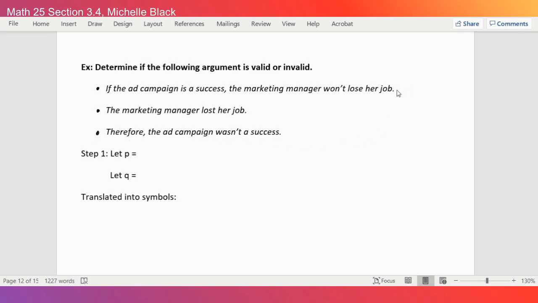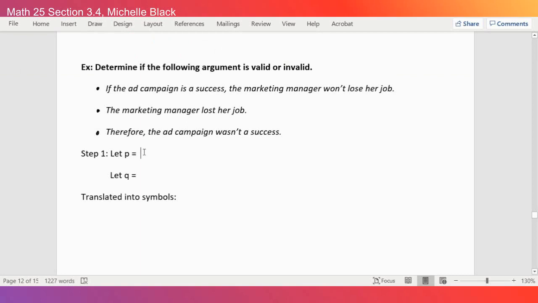Think of part 1 as our first premise, part 2 as our second premise, and part 3 as our conclusion. The first thing we want to do is write this argument in symbols. So I need to figure out what I want P and Q to be.